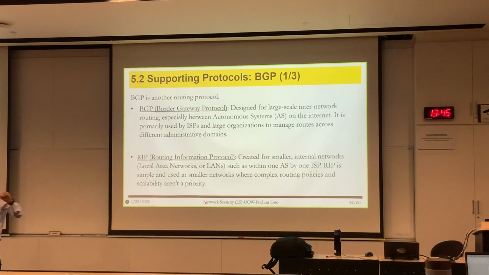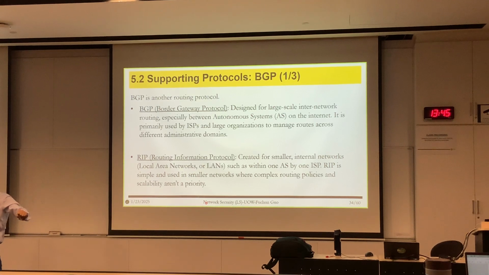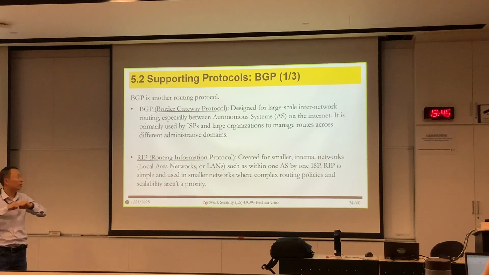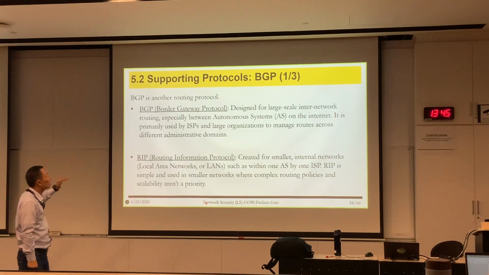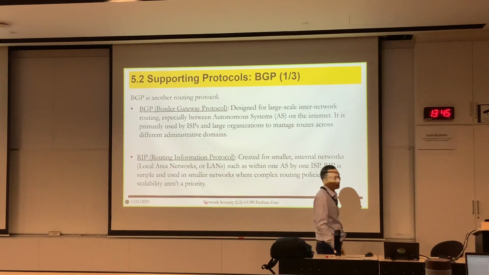Now, these two ISPs would like to exchange routing information. Make sure that devices belonging to the first ISP and the second ISP can still communicate. Okay? So this BGP protocol is somehow working on a higher level of routing.